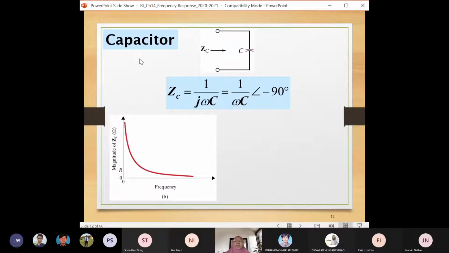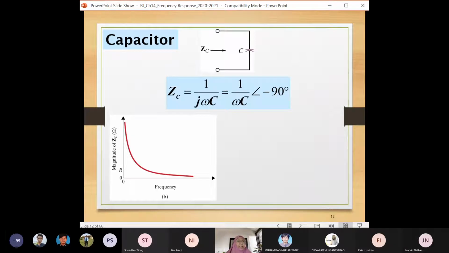Because you can imagine a capacitor as a parallel plate with an insulator between the plates, such as an air-filled capacitor. The air gap introduces high resistance, which constitutes the impedance of the capacitor.